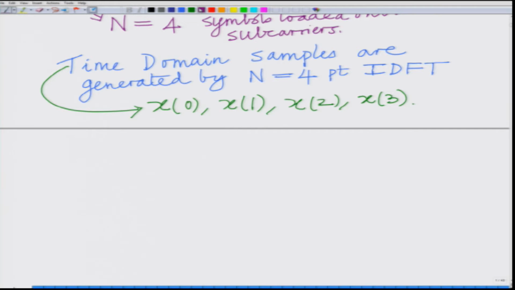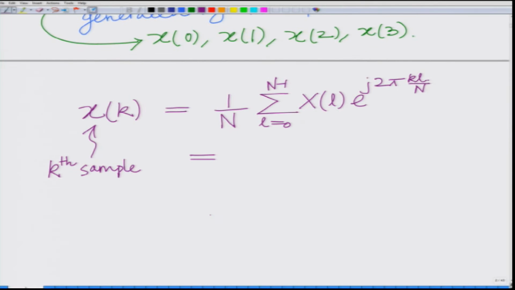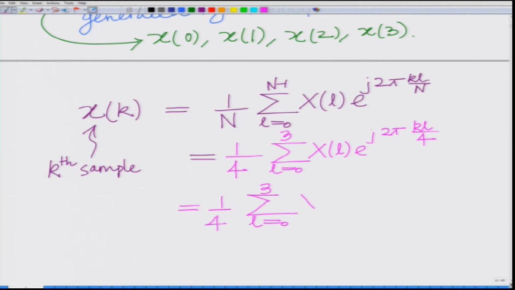Therefore, xk, which is the kth sample, is equal to 1 over N, summation L equal to 0 to N minus 1, XL e raised to j 2 pi KL divided by N, which is equal to 1 over 4, summation L equal to 0 to 3, XL e raised to j 2 pi KL divided by 4, which simplifying as far as possible is summation L equal to 0 to 3 XL e raised to j pi by 2 KL.